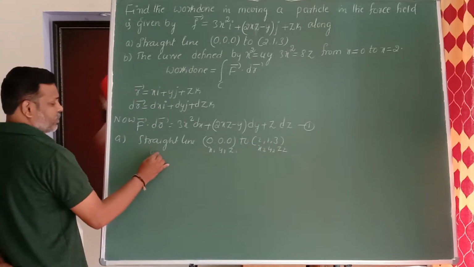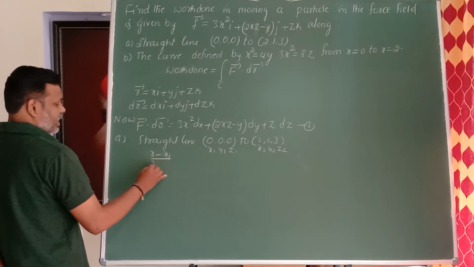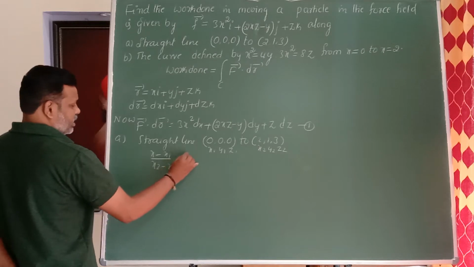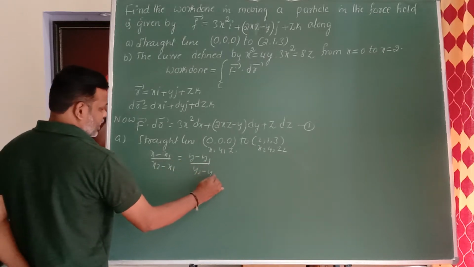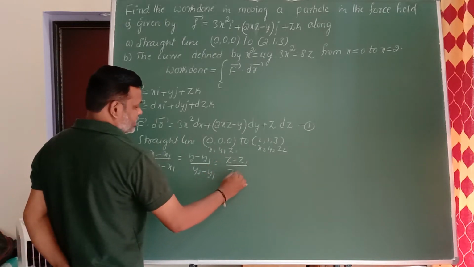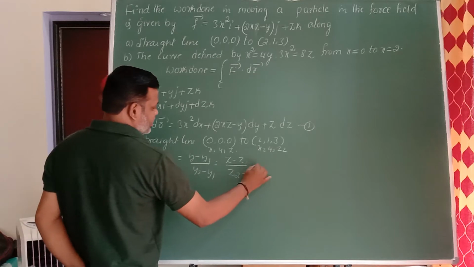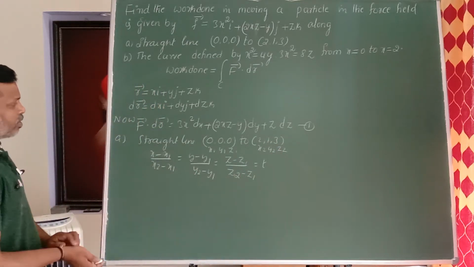The equation of the line is given by (x minus x1) divided by (x2 minus x1) is equal to (y minus y1) divided by (y2 minus y1) is equal to (z minus z1) divided by (z2 minus z1), and since all are equal, they are equal to some t. Got my point?